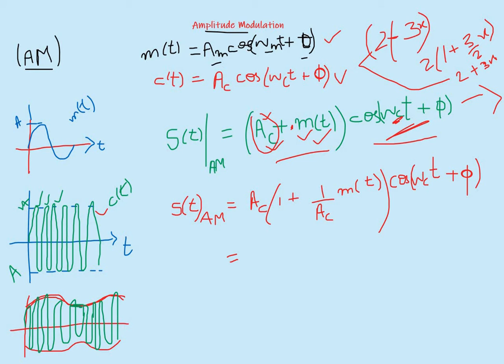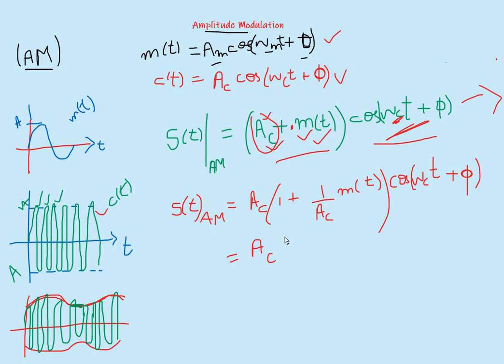Understood? So following this rule only, here we have taken 1 by AC. Now since we have taken 1 by AC, this equation can now be written as AC is equal to 1 plus, this 1 by AC is a constant and this is called Ka.